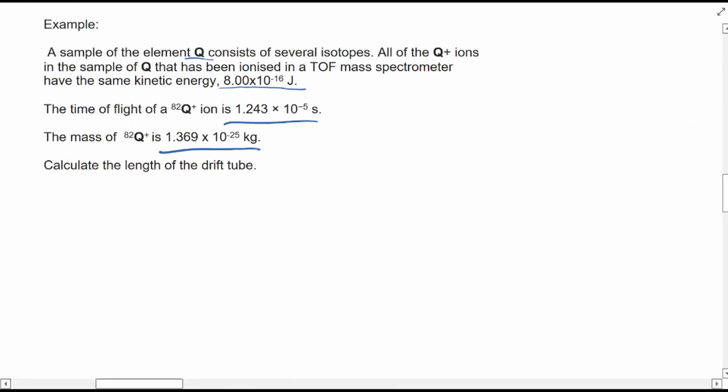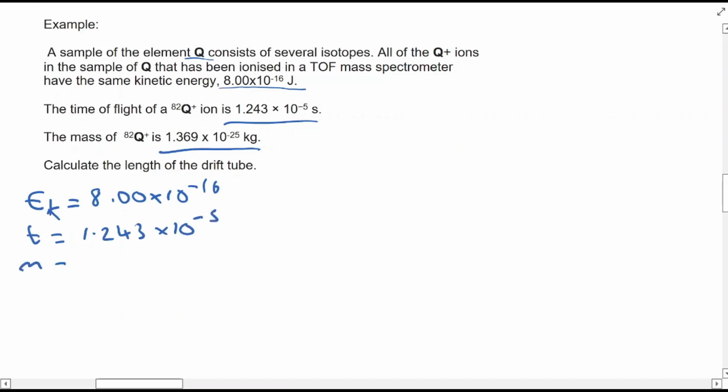Now there are a number of ways to attack these questions, but in my opinion it's best to go through it step by step. First of all, if we list our values, we've got an EK equal to 8 × 10⁻16. We've got a time equal to 1.243 × 10⁻5.